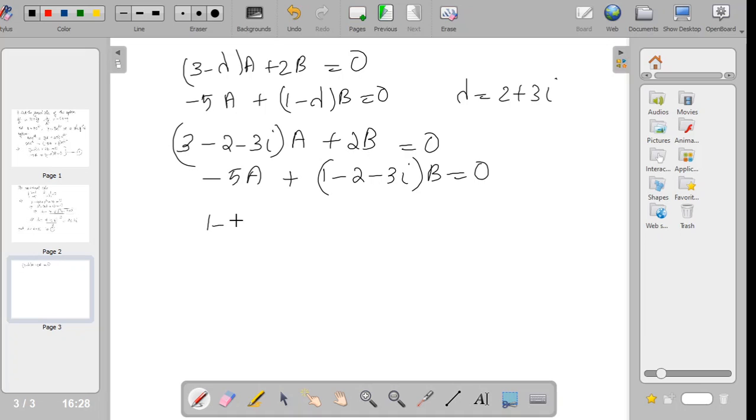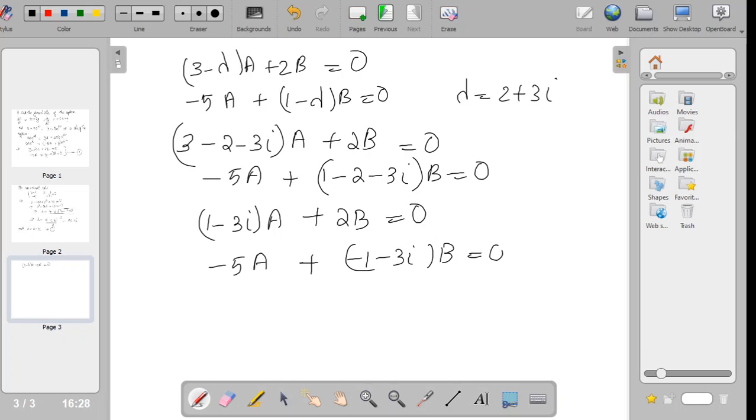So that will give (1 minus 3i) a plus 2b equal to 0 and minus 5a minus (1 plus 3i) b equal to 0.